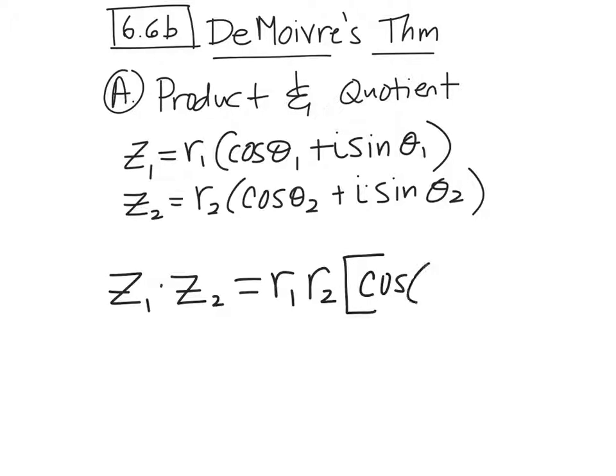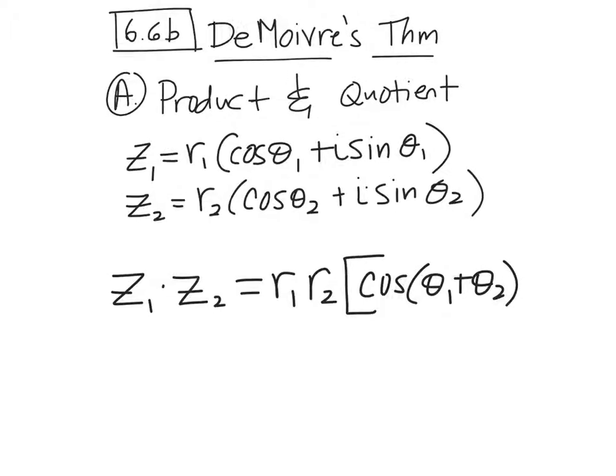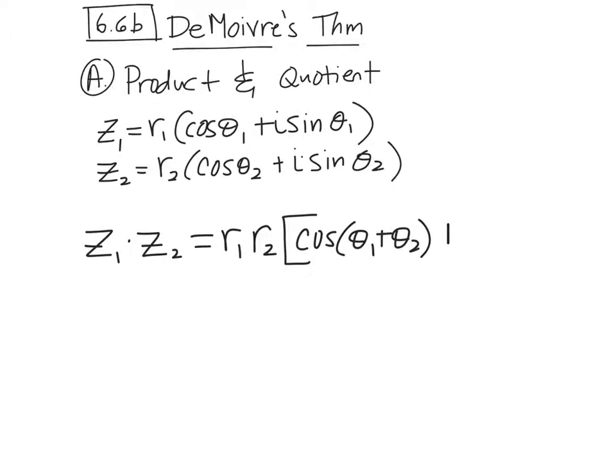So cosine of theta 1 plus theta 2 plus I sine of theta 1 plus theta 2. There you go. So that's how you multiply two complex numbers in polar form. You multiply their r's, you add up their thetas.